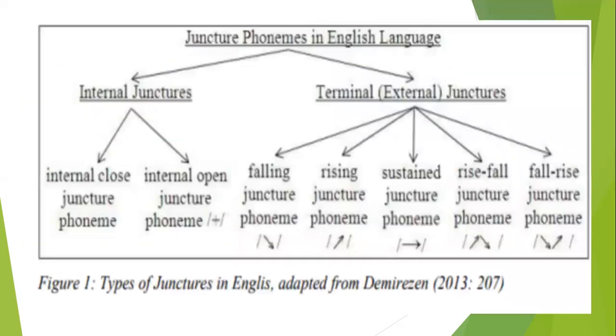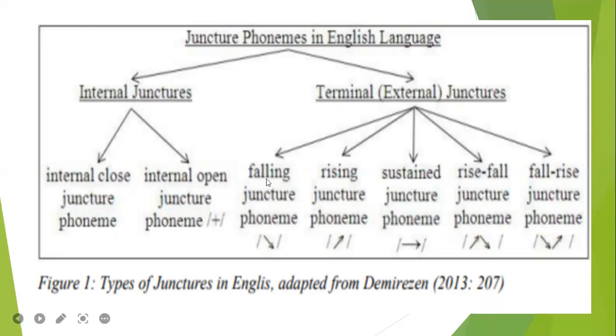So we have an illustration here. You have internal closed juncture phoneme, internal open juncture phoneme. Now for terminal or external junctures, we have four kinds, or four types.